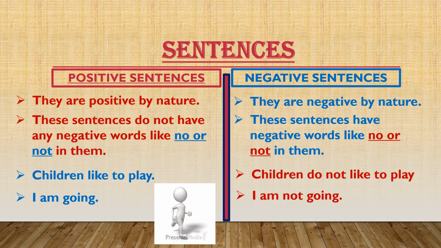I am not going. The word not has been added here. That means it is a negative sentence. So the basic difference between positive sentences and negative sentences is positive sentences will never have no, not, neither, never in them, and negative sentences will always have them.